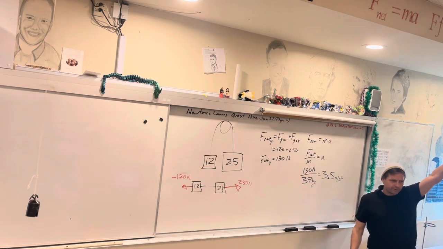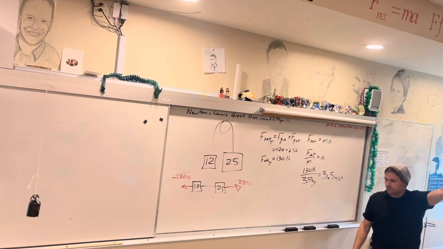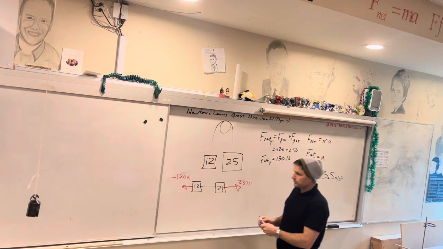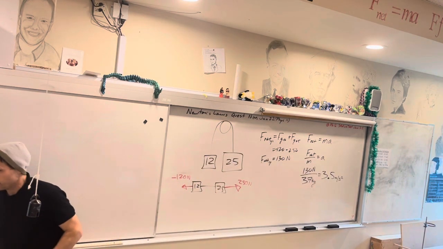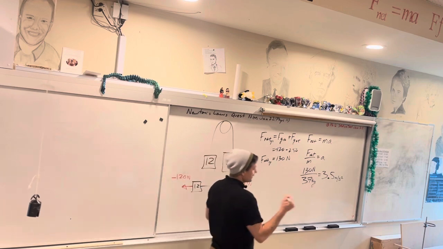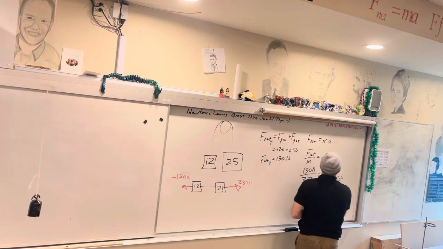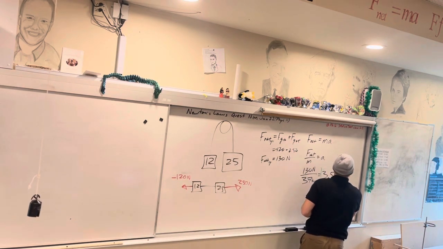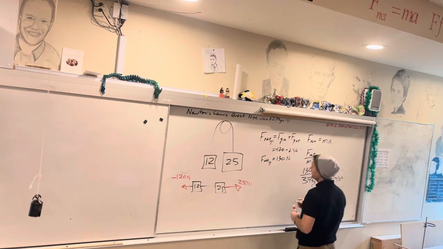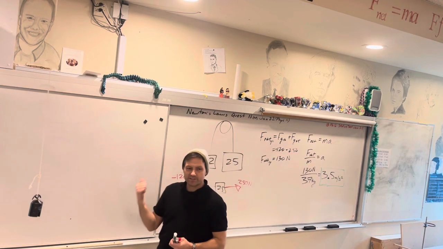Put your hand up if you got 3.5 for the acceleration. That's good. Okay. So most of you are at that point. Now, here's the thing. You got this acceleration, right? That's the acceleration of the system.